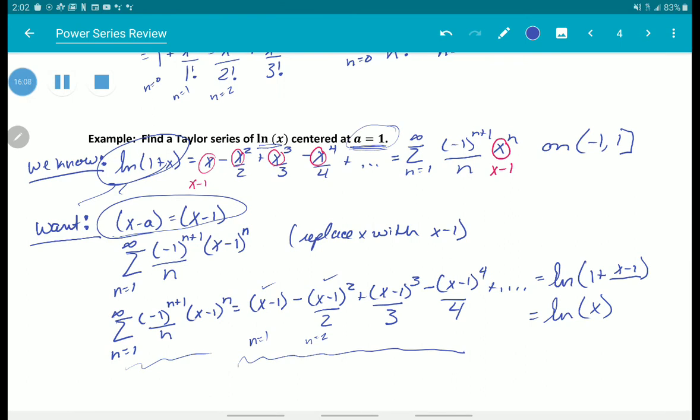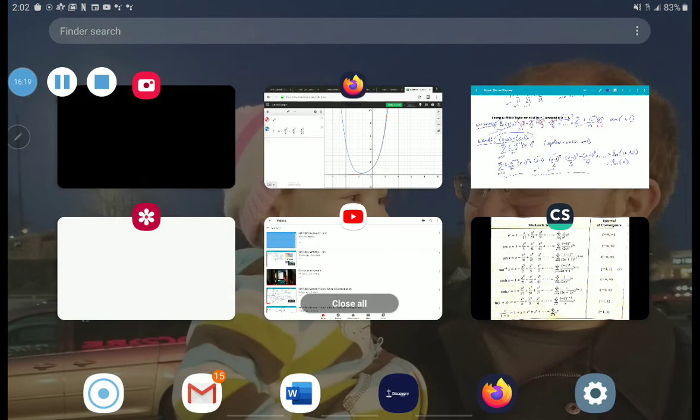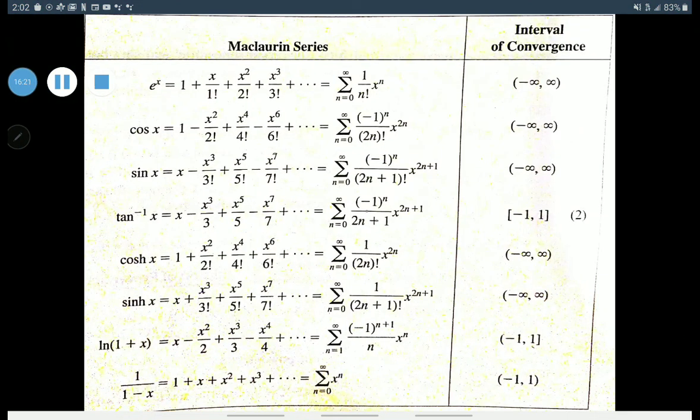Now, let's talk about how this is going to shift that interval of convergence. So the interval of convergence for ln of 1 plus x was from negative 1 to 1, and that came straight off of the chart that we have. Looking at this line, there's our interval of convergence, negative 1 to 1.